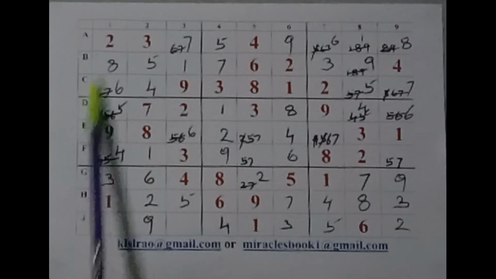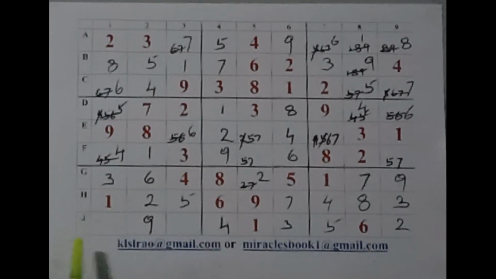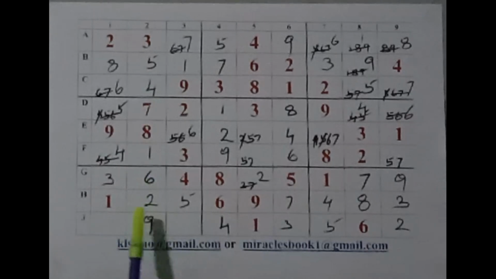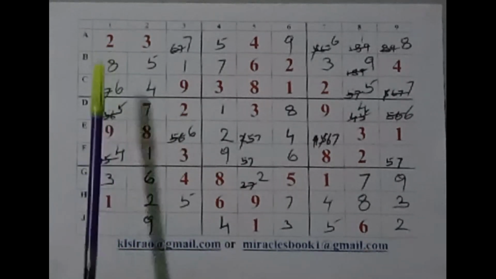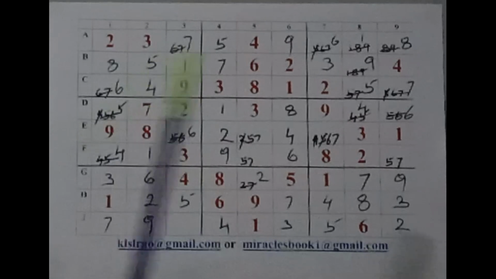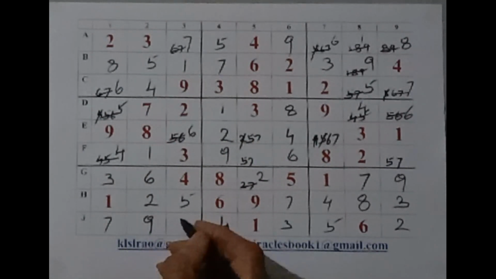That means we have come to column number 1, which is having just one vacancy now, but that is what number? We have 1, 2, 3, 4, 5, 6. 7 is missing, 8 and 9 are there. So this is a place for 7. Okay. What about this last vacant cell in this box? Clearly for 8. Okay, let's write an 8 there.